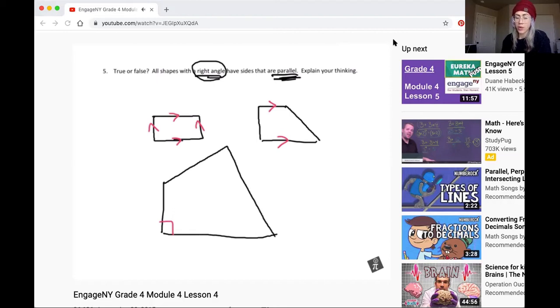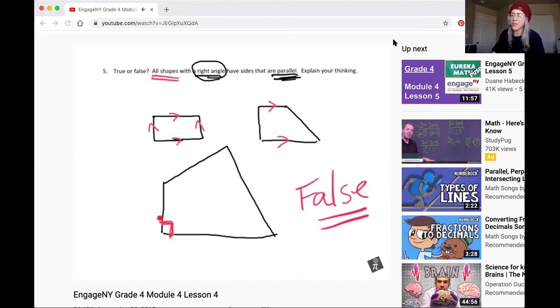It's a quadrilateral because it's got 4 sides, but there's no parallel lines anywhere, and yet we do indeed have this right angle down here. So, true or false? All shapes with a right angle have sides that are parallel. That answer is false because I found an example of a figure that has a right angle and yet does not have any parallel lines.